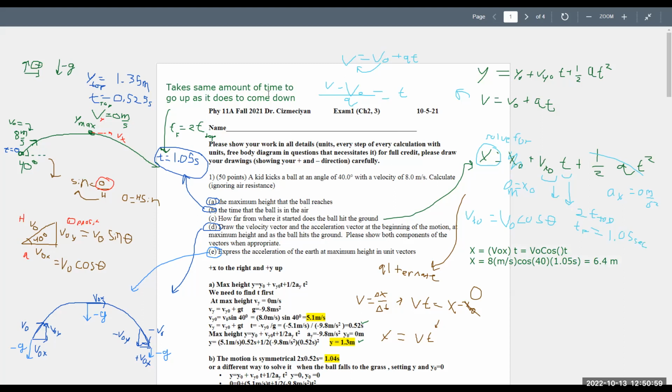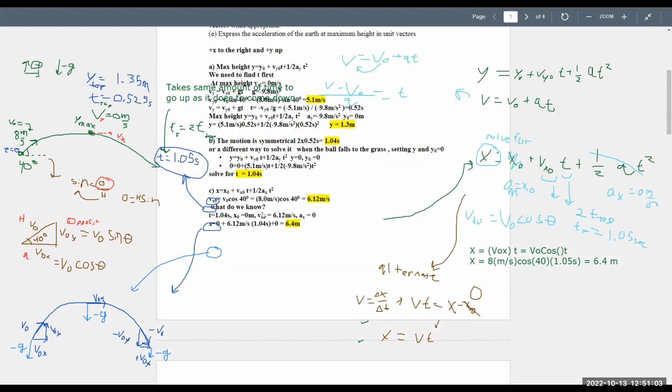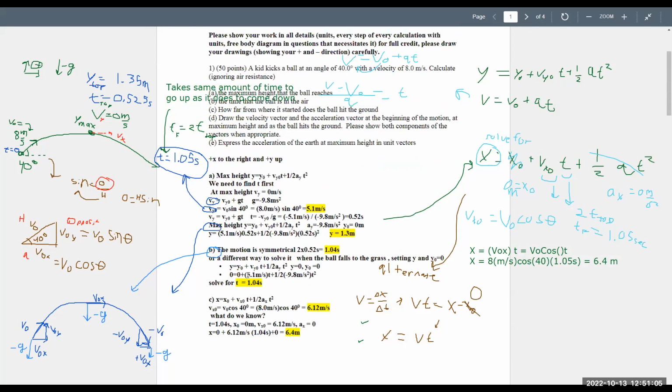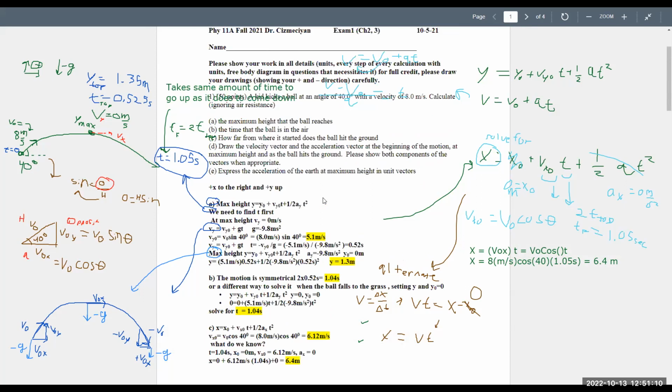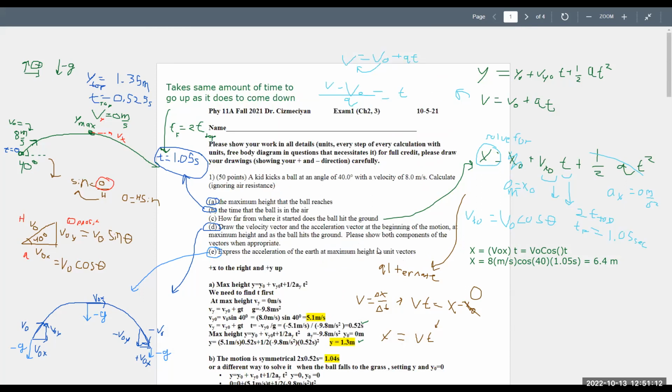Cool. Go ahead and check that. Yeah, she got 6.42. Her time is a little different here because we had rounded it differently. So then I'll just circle. So that's this part here. Cool.